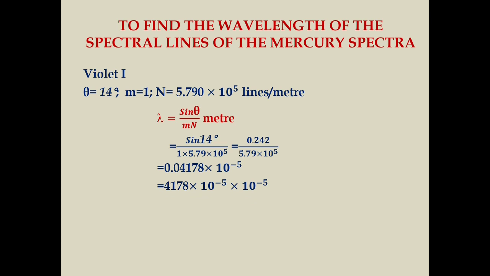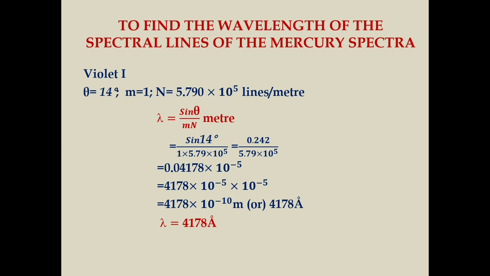So it becomes 4178 into 10 power, I have moved 5 decimal places, so it has become 4178 into 10 power minus 5. Already 10 power minus 5 is there, so totally it is 4178 into 10 power minus 10 meters. So 10 power minus 10 meter is equal to 1 angstrom, so the wavelength of the violet one is 4178 angstrom.